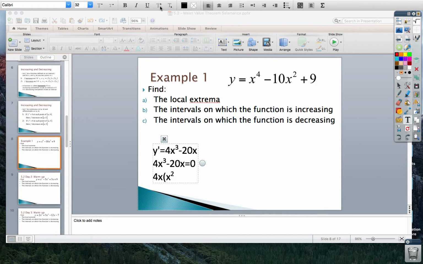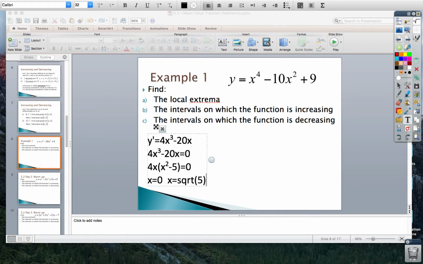We get x squared minus 5 equals 0. We get x equals 0, and x is equal to square root 5, x equal to negative square root 5. So those are our three critical points.